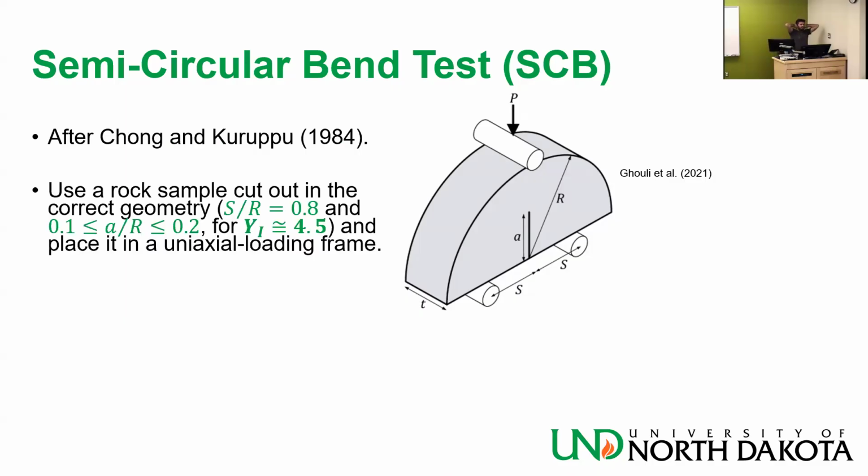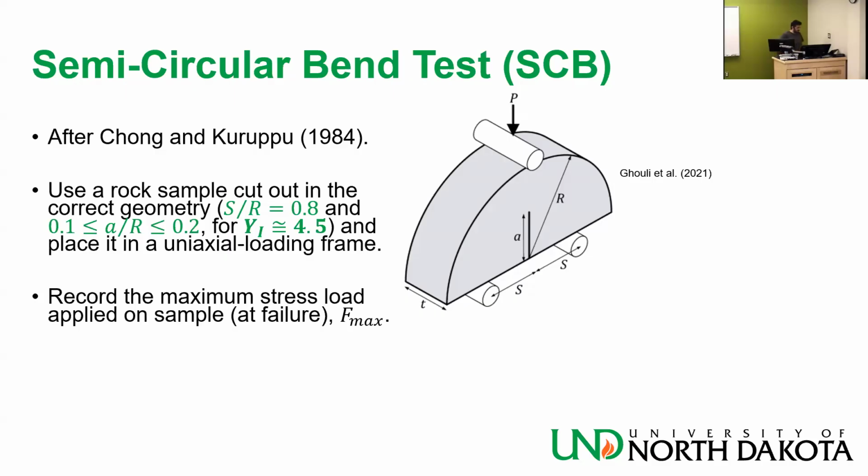Use a rock sample cut out in the correct geometry. This is the correct geometry. And place it in a uniaxial loading frame. I will show you one when you guys come over for the second lab sometime this summer. I think I'm going to be the one teaching it, so I will show it to you. Record the maximum stress load applied on the sample at failure.